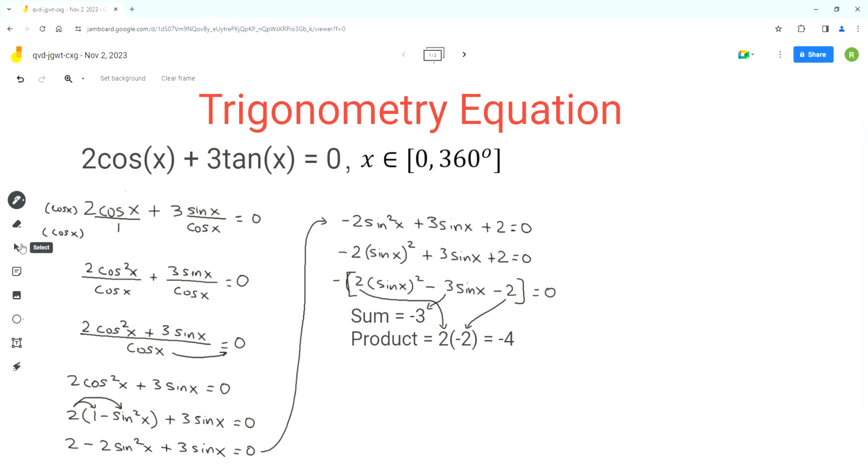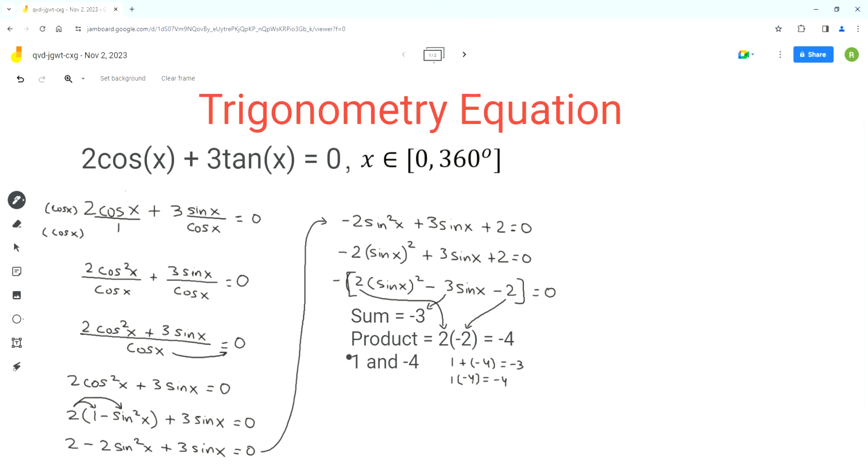So the first pair of numbers that comes to my mind is negative 1 and 4. Now if we add negative 1 and 4, we get a sum of positive 3, not negative 3. So that means we have to switch the sign on these numbers. So the numbers should be 1 and negative 4 because 1 plus negative 4 is equal to negative 3 and 1 times negative 4 is equal to negative 4.